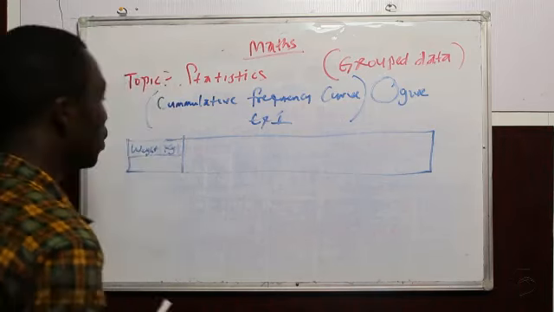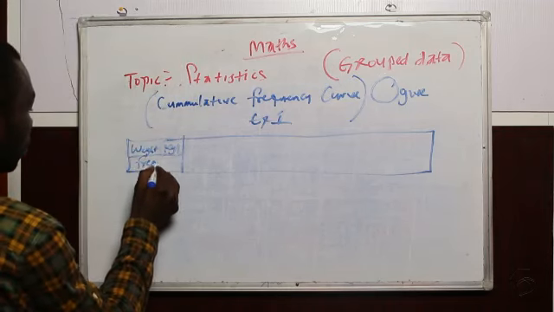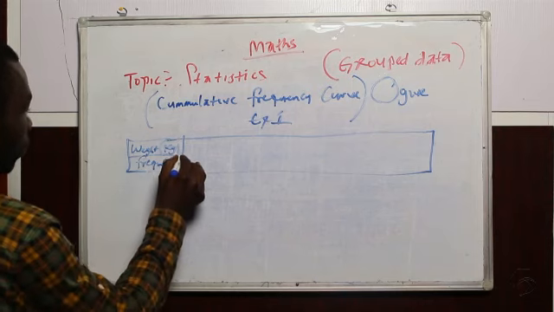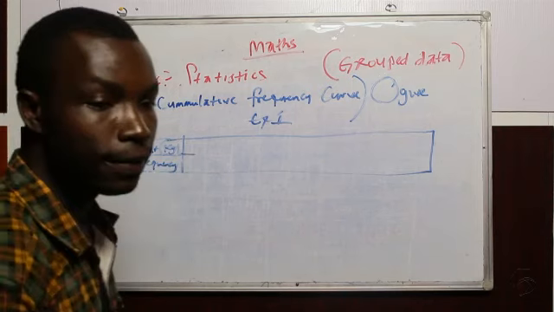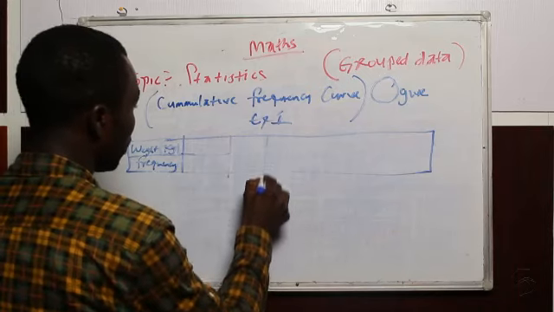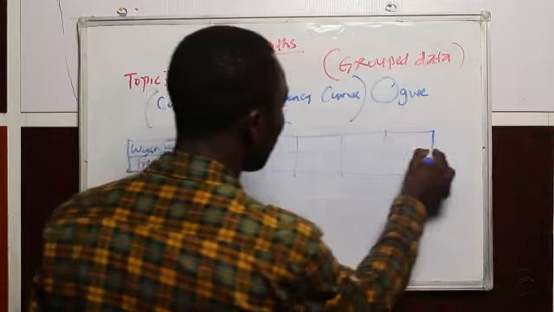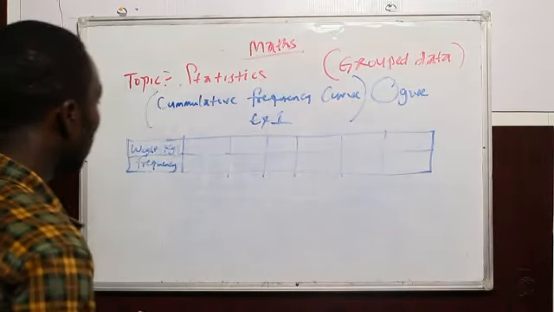We have the number of people, which is called the frequency. Then we have their weight for 100 people in a community.